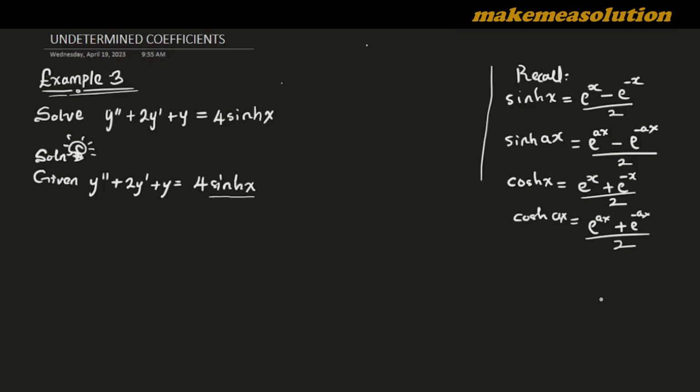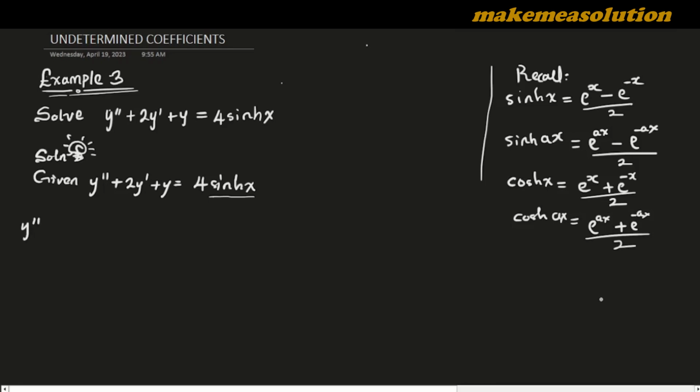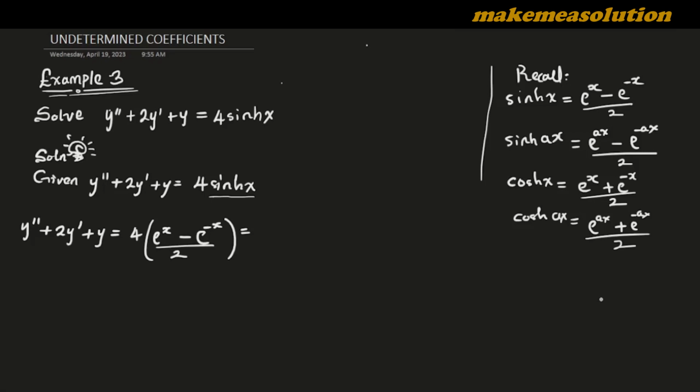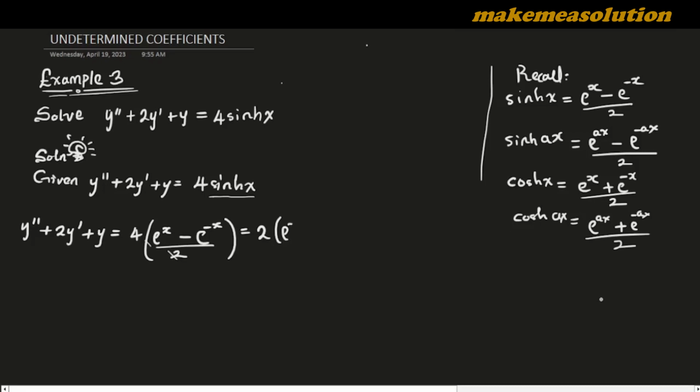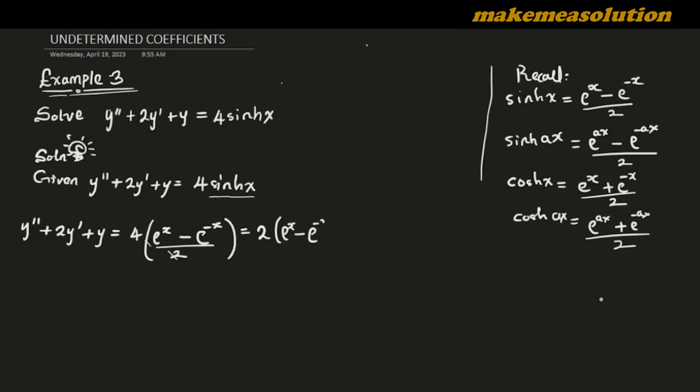So transforming the right hand side, we have y prime prime plus 2y prime plus y is equal to 4, then sinh x becomes exponential x minus exponential minus x over 2. If you keep on going, 2 going into 4 is 2, so you have 2 exponential x minus exponential minus x, and this is 2 exponential x minus 2 exponential minus x.